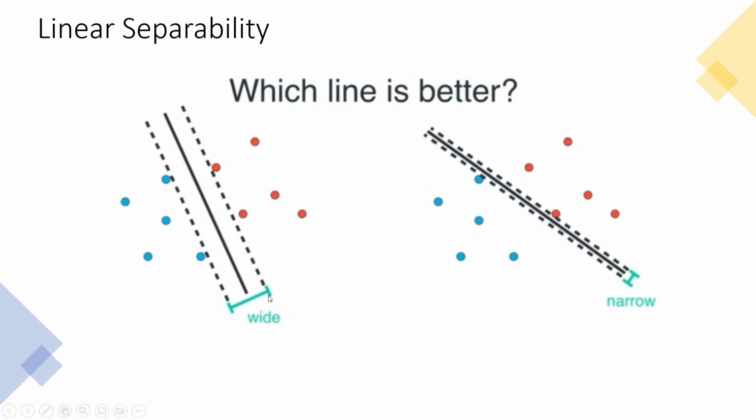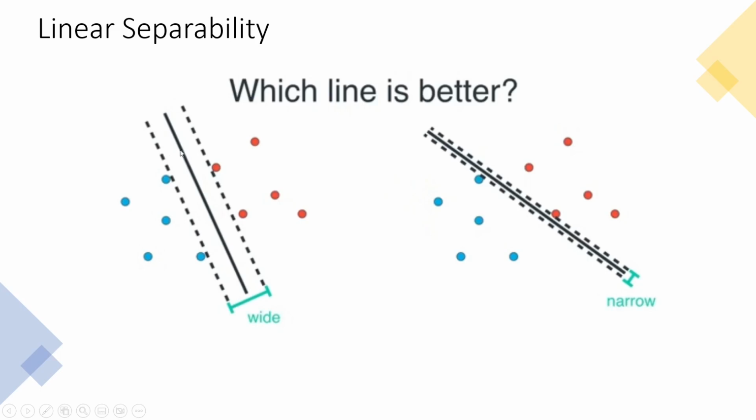For example, in this case, this margin is pretty wide, but this one is pretty narrow. We call these dashed lines the gutters of the classifier. This is the separating line, also called the median line. Please remember these terms: this is the median line, and these are the gutters.